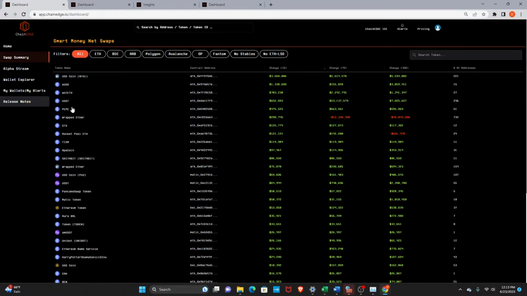So what we're going to do is add in a bunch of different dashboards on just those tokens. If you've ever watched how a lot of these institutions trade those tokens, they'll buy them on Binance, then they'll send them to their wallet, and then when they want to sell, they'll send it back to Binance.